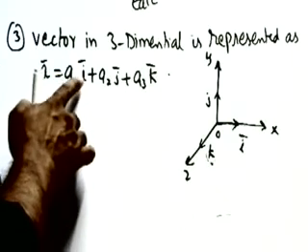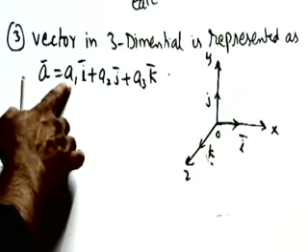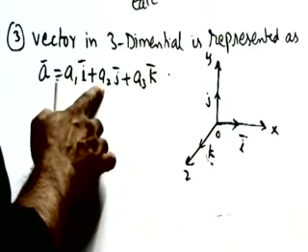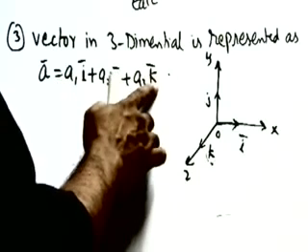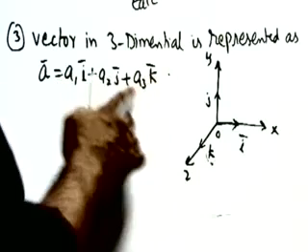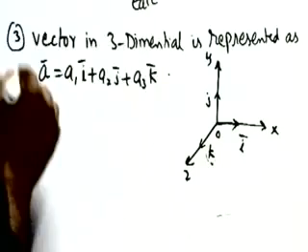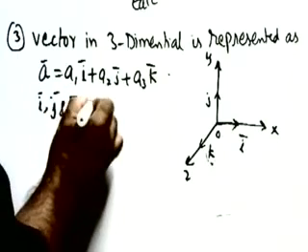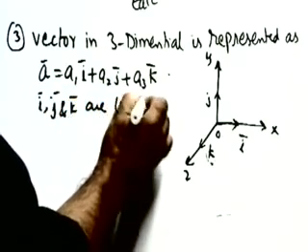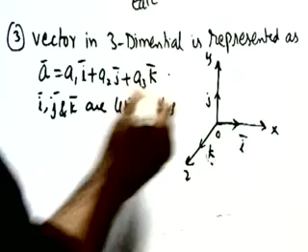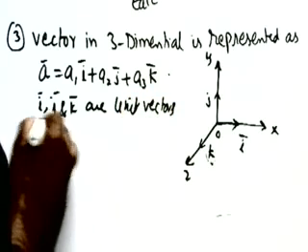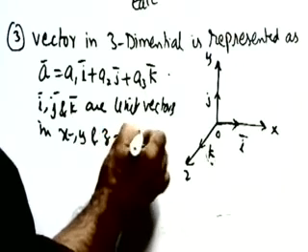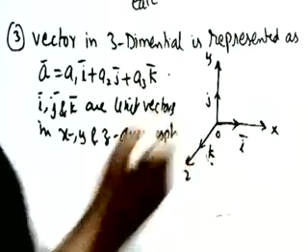So vector A is denoted by a1 i plus a2 j plus a3 k, which means in the direction of the x-axis its magnitude is a1, in the direction of the y-axis its magnitude is a2, and in the direction of the z-axis its magnitude is a3. Where i, j, and k are unit vectors. Unit vectors mean magnitude 1, value 1 in the x, y, and z axis respectively.